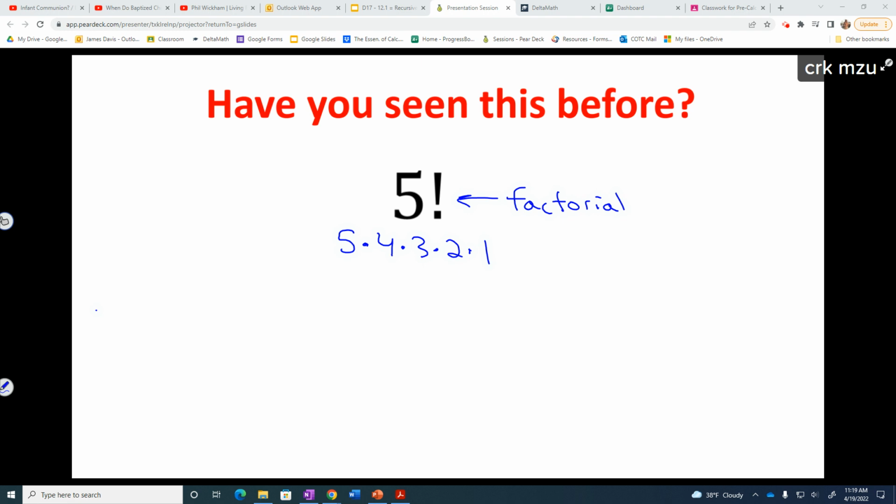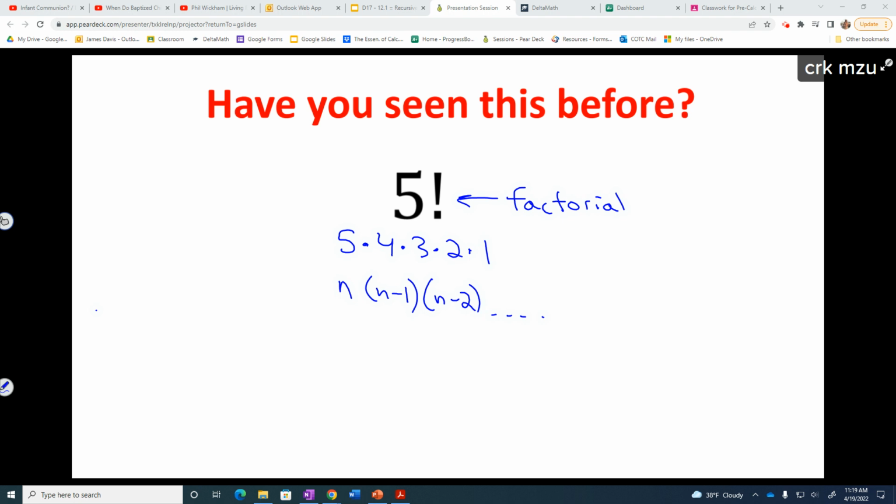So how this works is you have some starting value, we could say n, and the next one is n minus 1, and then the next one is n minus 2, n minus 3, and it just goes on like that.